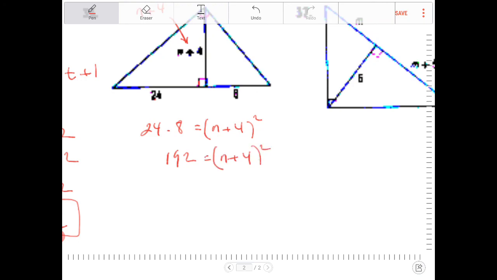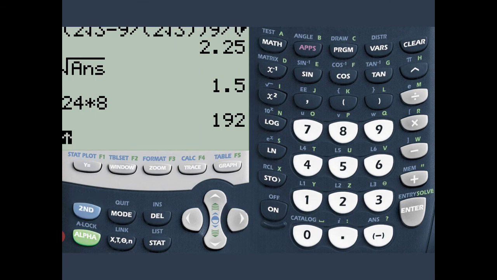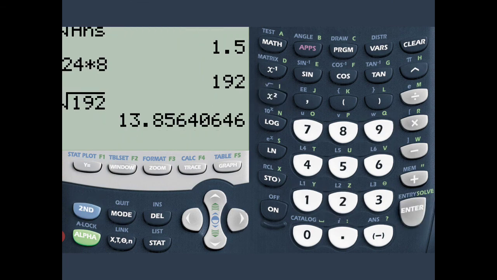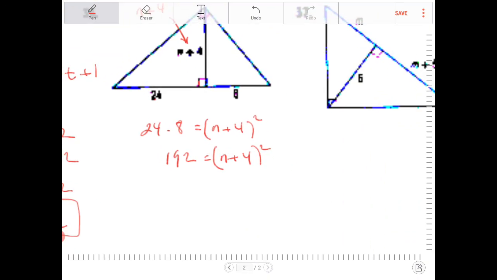I'm going to take the square root of that, and that's 13.856, right? But it's going to be plus or minus. n plus 4 will equal to plus or minus square root of 192, or n will equal to negative 4 plus or minus square root of 192.